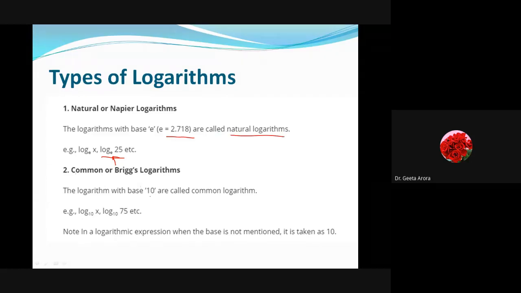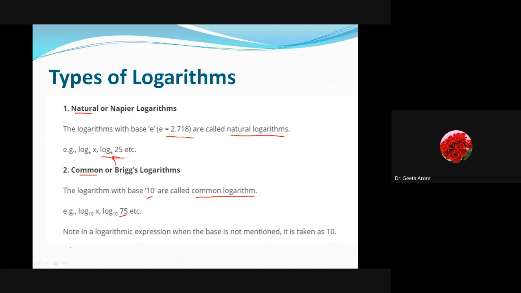If we talk about base 10, it's known as the common logarithm, given by log base 10 of x. Here x could be any number. When the base is 10, it is a common logarithm, or the Briggs logarithm. Briggs is the scientist who devised it. Similarly, the Napier logarithm or natural logarithm is with base e.